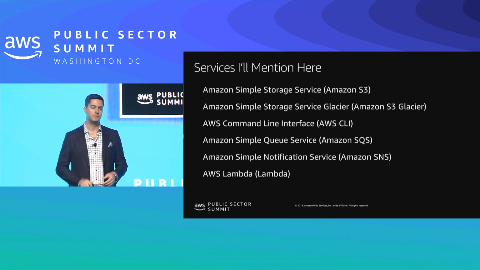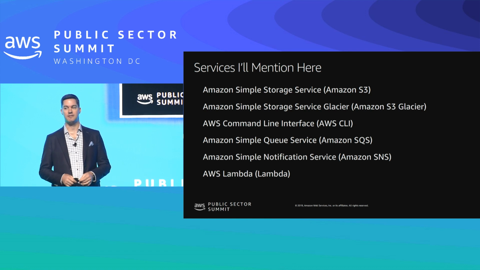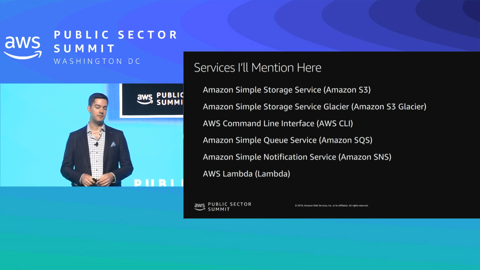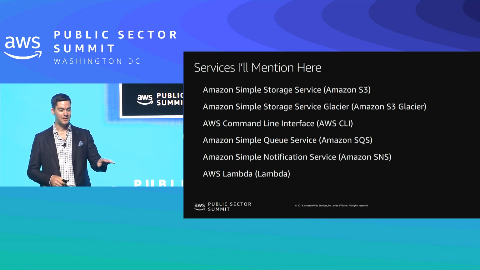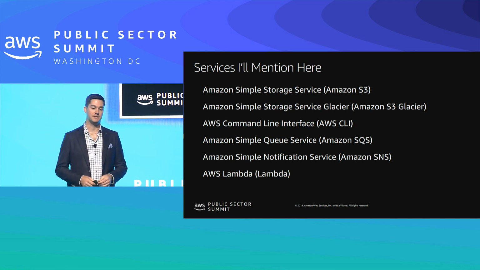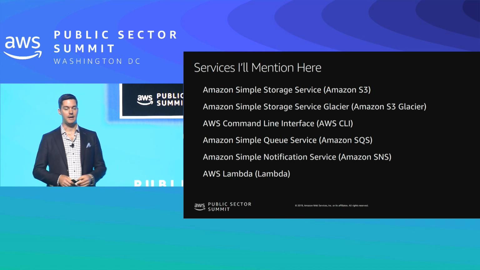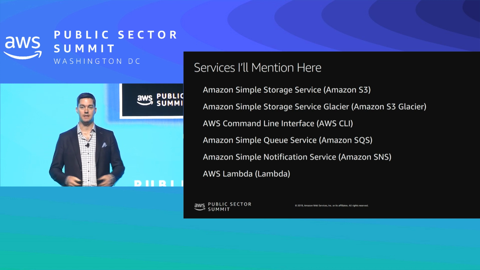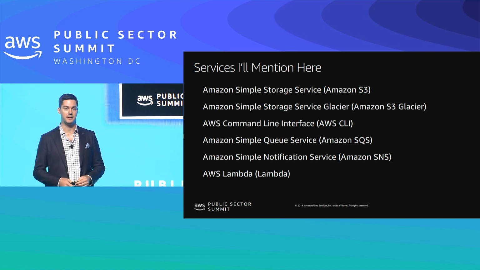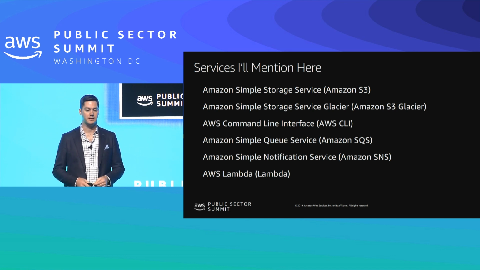Just to do some early definitions for those of you that have been talking in acronyms for the past couple of days, I'll mention a handful of Amazon services during the talk today. Primarily Amazon S3, our simple storage service, which is the object storage designed for the internet, to put it very briefly.